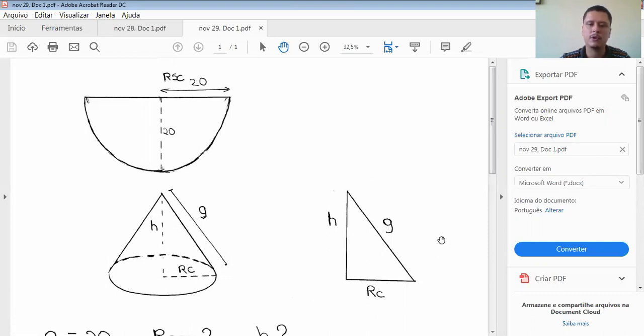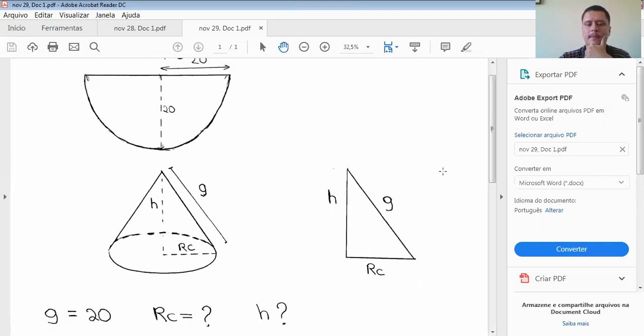The three of them form a right triangle, of height h, hypotenuse g, and leg rc, okay?